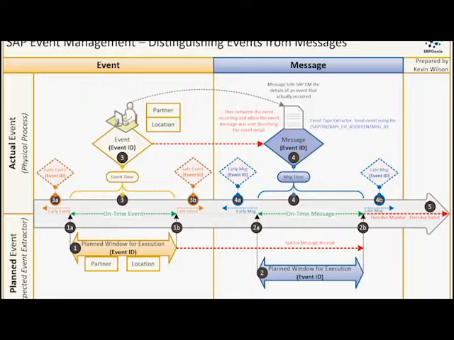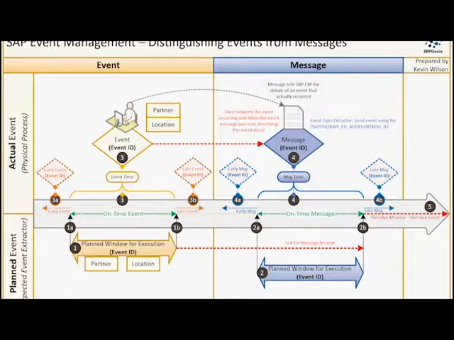That's 4. If we receive the message late, 4B, that's now a problem, because now we've passed the service level agreement. So we're greater than 2B on the diagram over here. So now that's a late message. Even if the late message is telling me that my event was on time, so you actually shipped the product on time, or you created the invoice on time, that's still a problem, because if I don't get the message on time, my system doesn't know that certain things are happening within my supply chain.